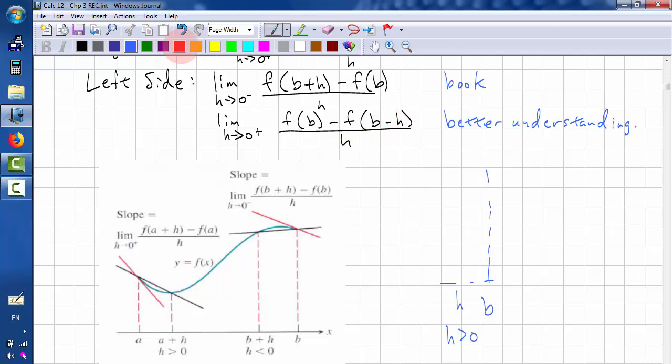So we're going to put down the note: same, but easier to understand because h is positive. Okay, so for some people this is easier to understand. For some people, they prefer this.